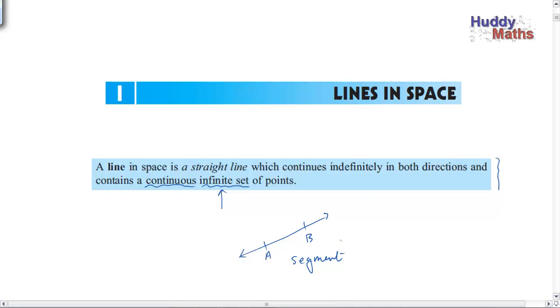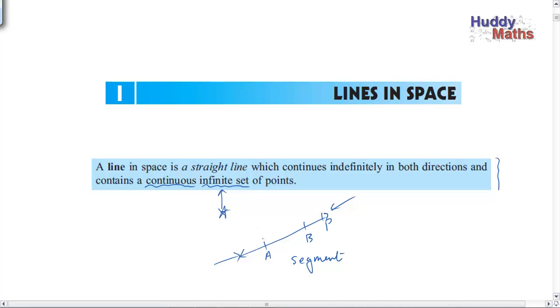As we found with external division, P could divide the line AB from an external point, because P is on that continuous line AB with an infinite set of points. So our equation's got to accommodate these 2 directions and the idea of an infinite set of points.